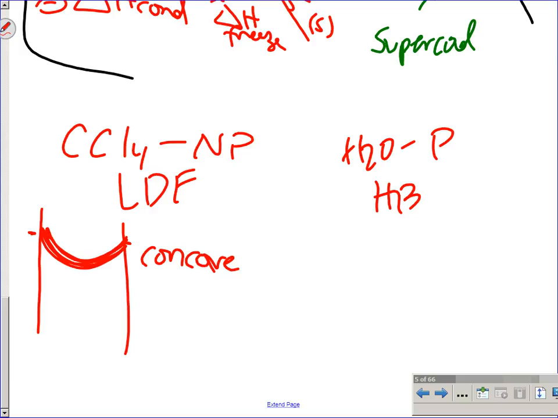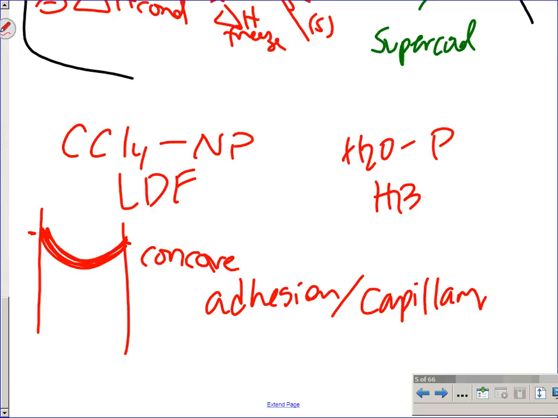There's a word for it. I'm good with adhesion. Okay, adhesion, but why? Okay, but why? Like adhesion and capillary action. Capillary action is just the overall change going up a capillary, but it's caused by adhesion and cohesion. But why can this, whatever this substance is, why can it do that? Anybody?